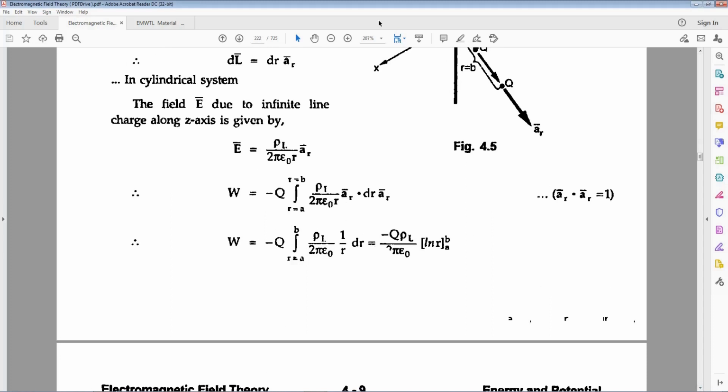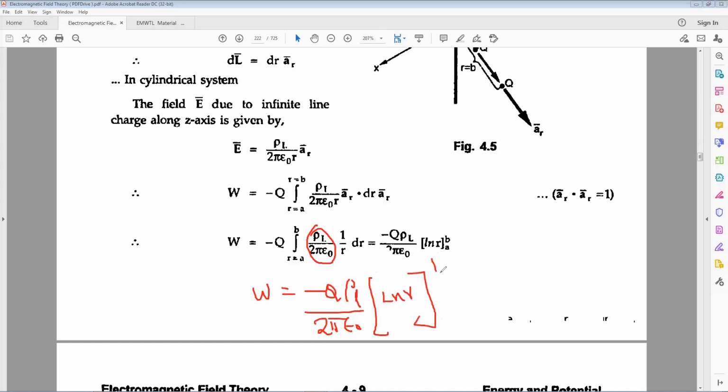So rho L by the 2 pi epsilon naught is a constant, and the work done is equal to minus Q rho L by the 2 pi epsilon naught, the integral of 1 by R, which is ln R, with the upper limit B and the lower limit A.